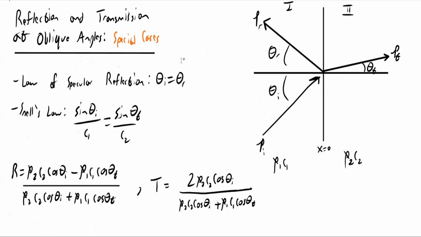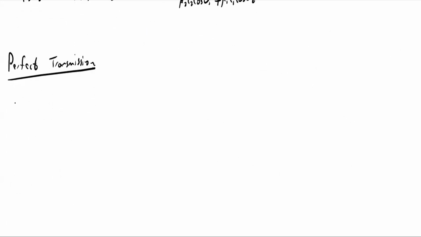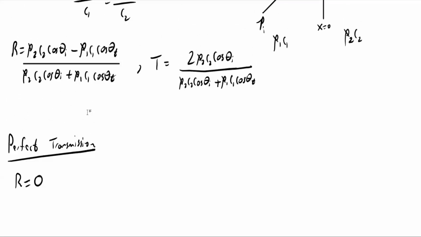So there's nothing reflected. In other words, capital R, the reflection coefficient, is 0. The way that this can occur, if you're taking a look at this expression, is that rho 2 C2 cosine theta I is equal to rho 1 C1 cosine theta T.